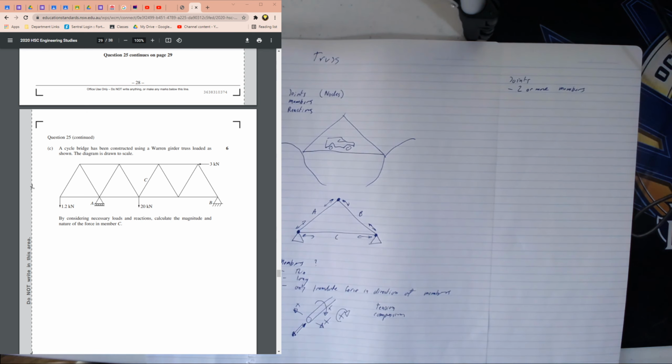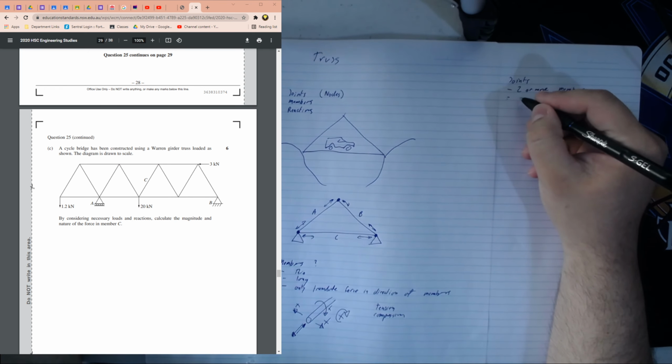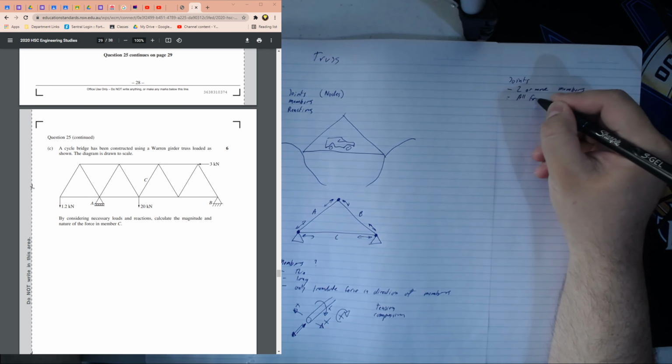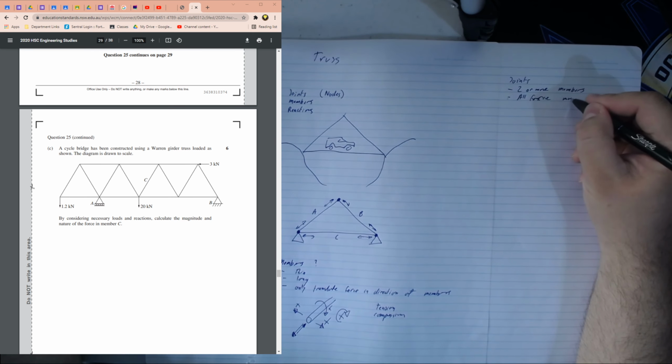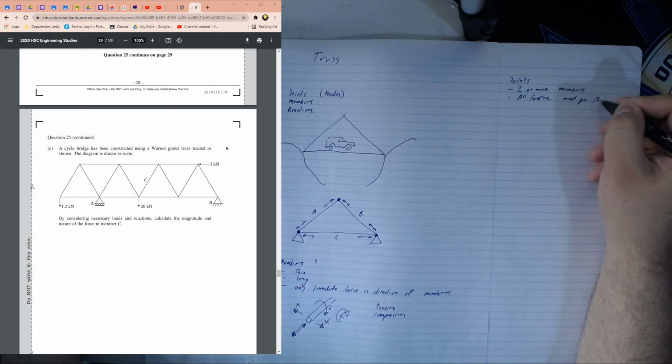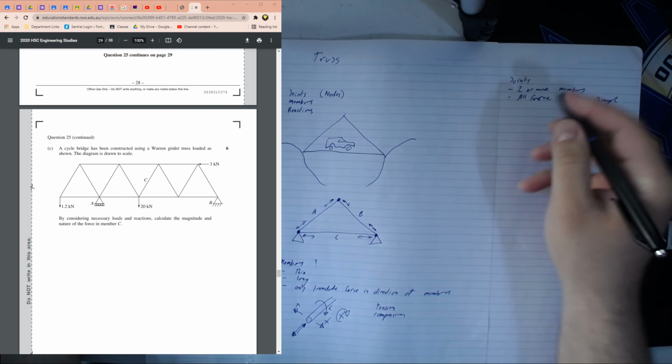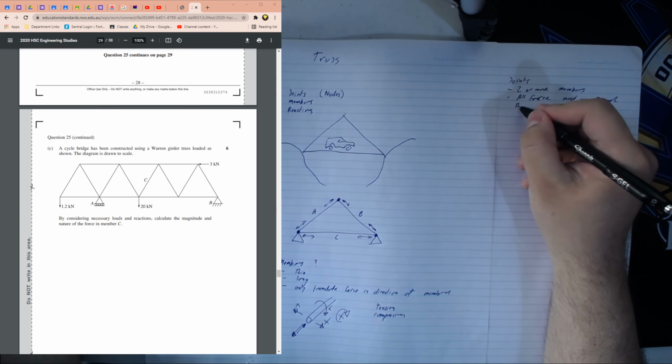And just like an intersection, the amount of cars going in one direction has to equal the amount of cars going out in the other direction. So all the force must go through the joints.